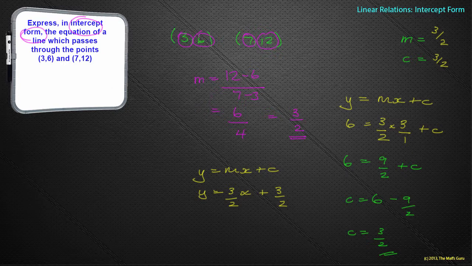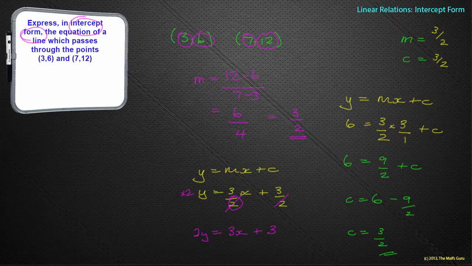That's easy enough. Right, we've got fractions. How do we get rid of fractions? Well, we know that to get rid of this divide by 2, what do I do to the whole thing? I multiply the whole thing by 2. So, 2y is equal to 3x plus, hold on a moment. If I multiply by 2, not only does it get rid of that divide by 2, it's going to do the same to the thing there. Plus 3.